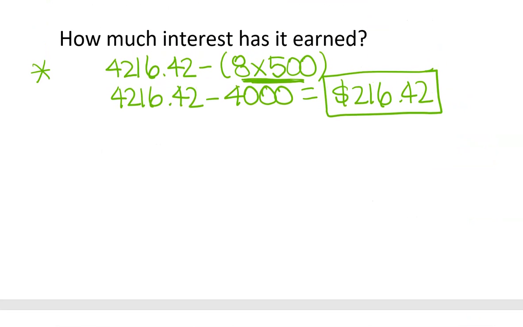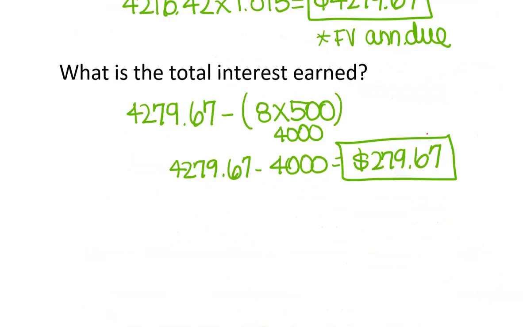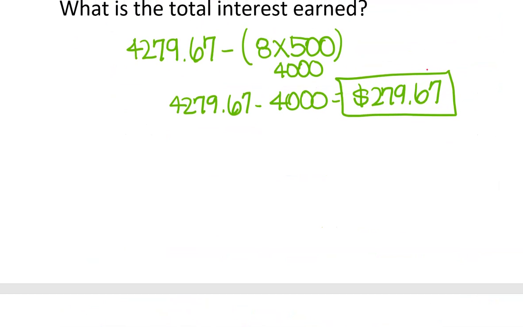The ordinary annuity at the end of the period would be $216.42. So you can tell that you do make a little bit more interest with the annuity due. You'll have to explain why as well.